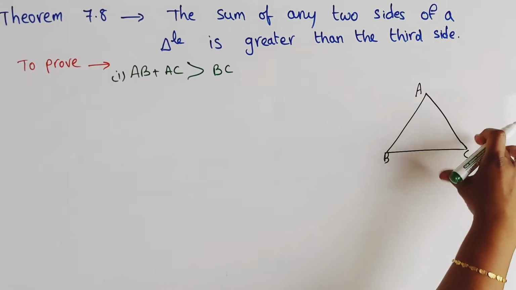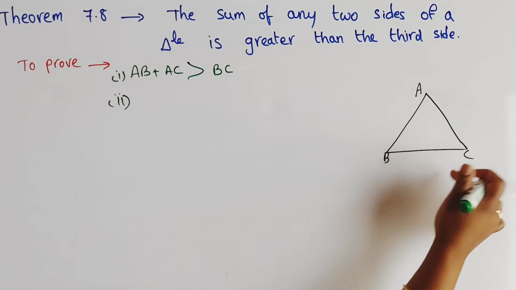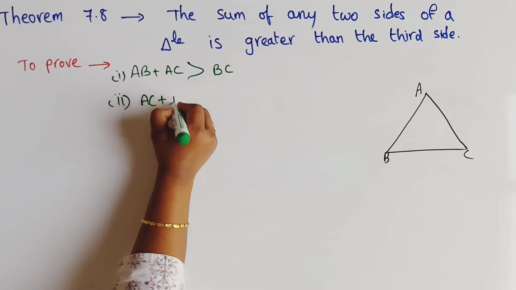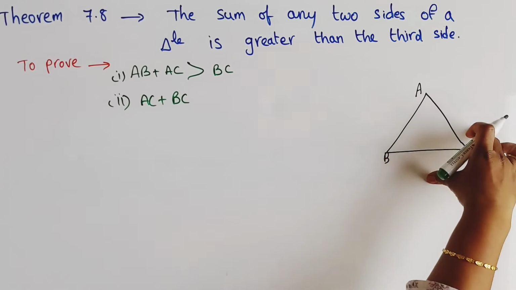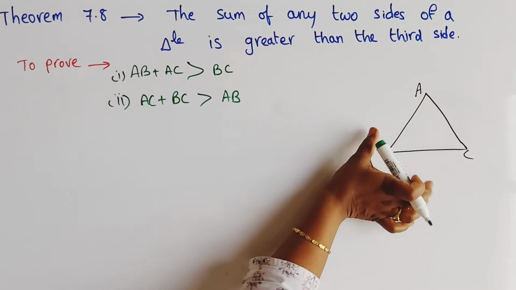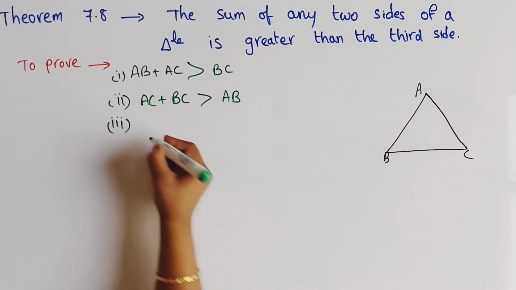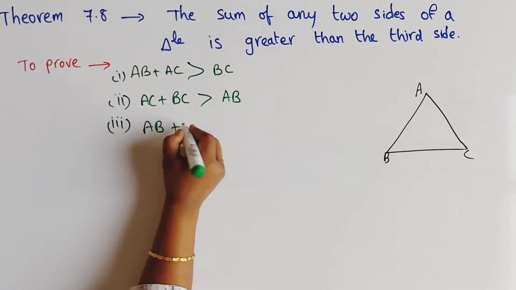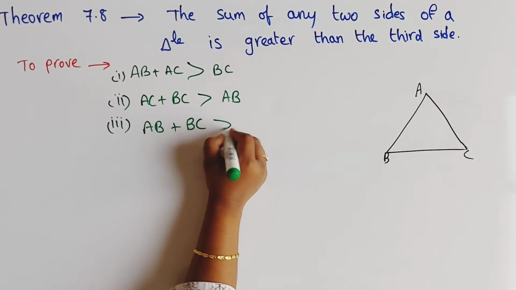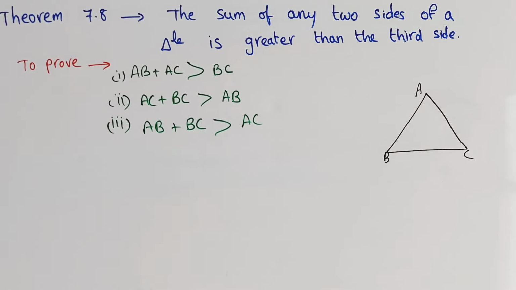If you take these two sides, second one, AC plus BC, it is greater than AB. And if you take these two sides, third case, AB plus BC, it is greater than AC, the third side. Right children, we have to prove these three.